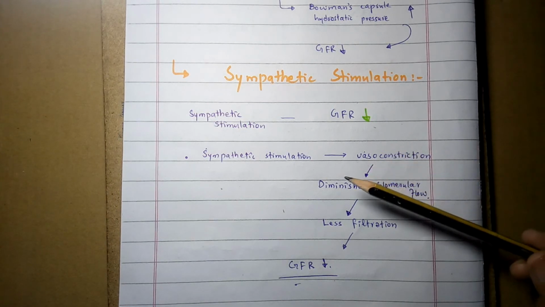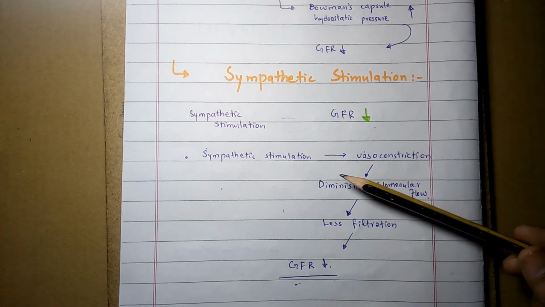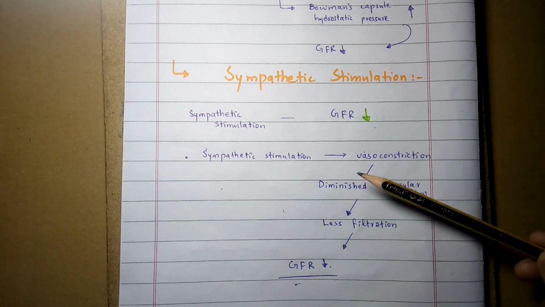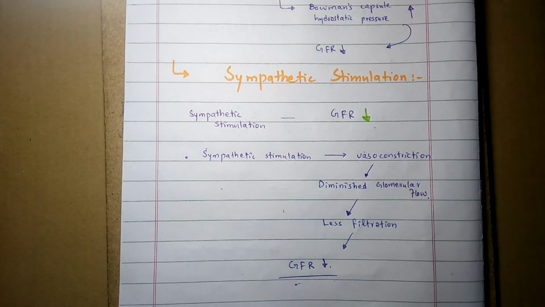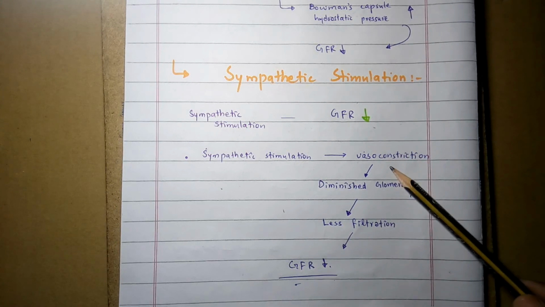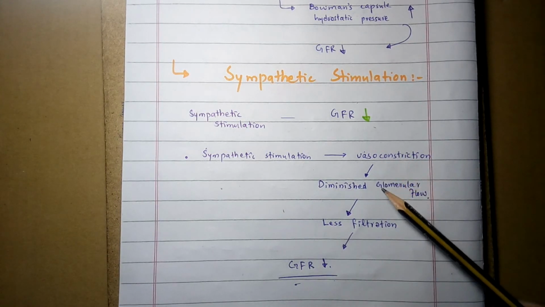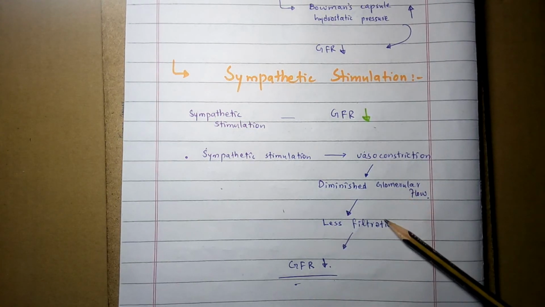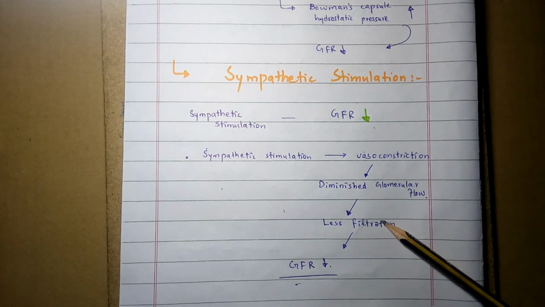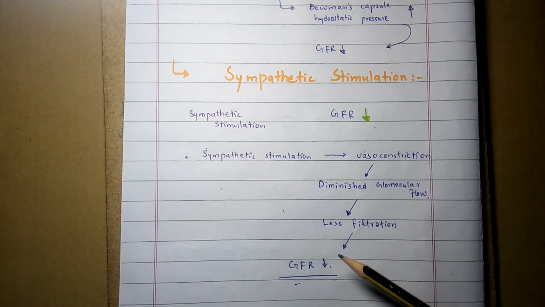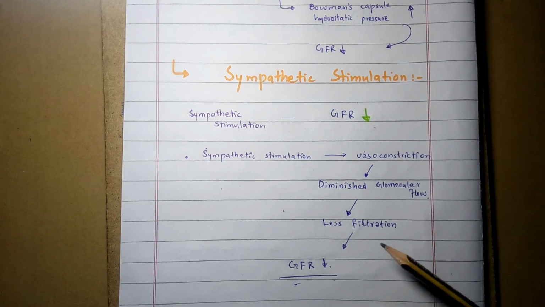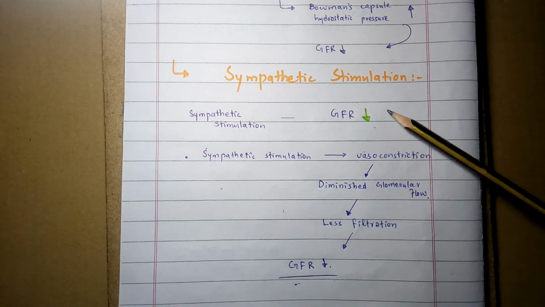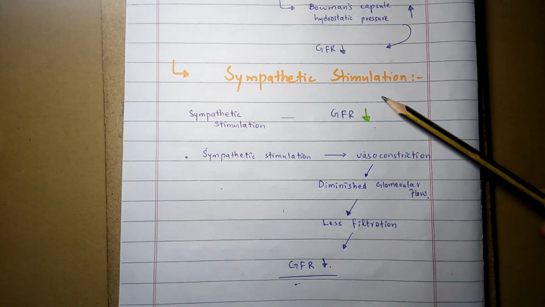Activation of these fibers or large concentrations of circulating catecholamines result in afferent and efferent arteriole constriction, which diminishes the glomerular flow, so less filtration occurs, and this leads to a significant decrease in the GFR. So this is also a decreasing factor of the GFR.